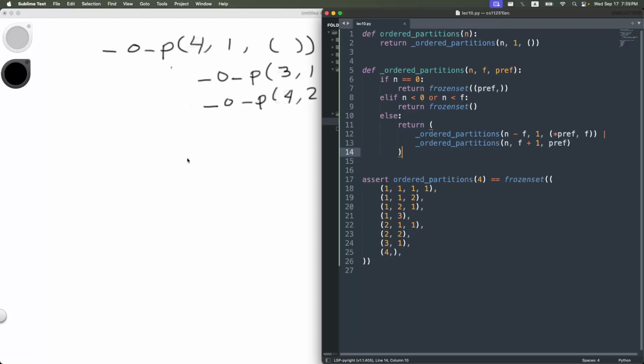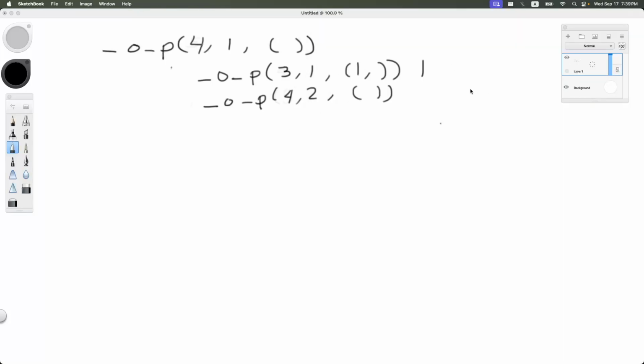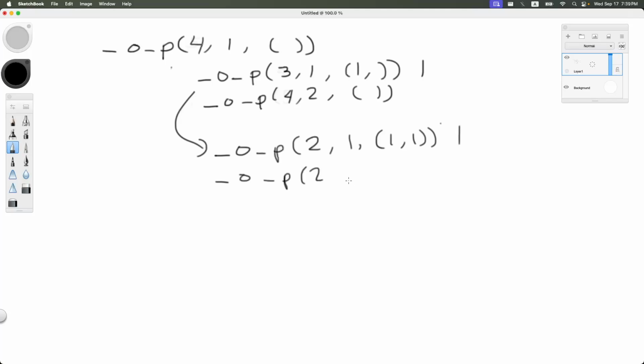For example, let's try to process this further. 3, 1, we'll call on 2, 1, 1, 1, and 2, no. 3, 2, 1. Right?